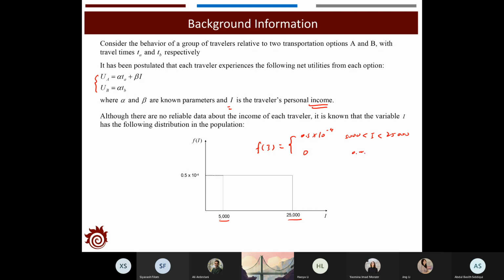That's the distribution for the income level. Also, we assume that alpha equals 0.05 and beta equals 2.0 times 10 to the power of -4. With these assumptions, we want to find the probability that the traveler will choose option A when provided with the values of TA and TB. So those are all the assumptions we made.